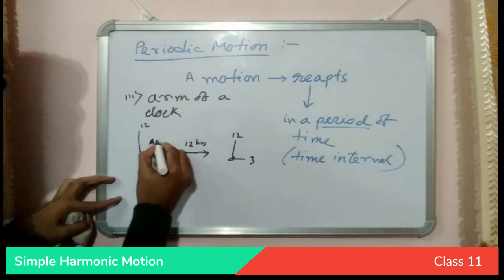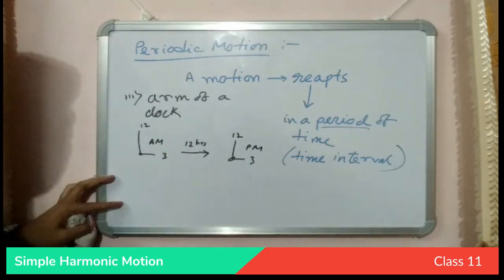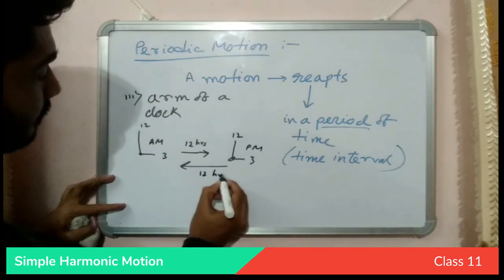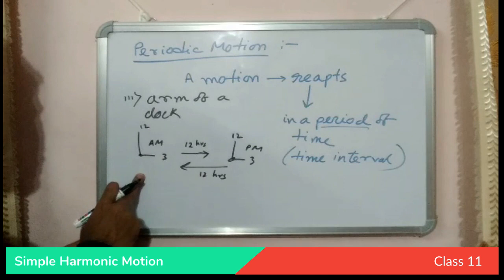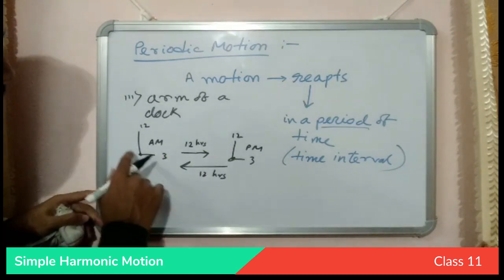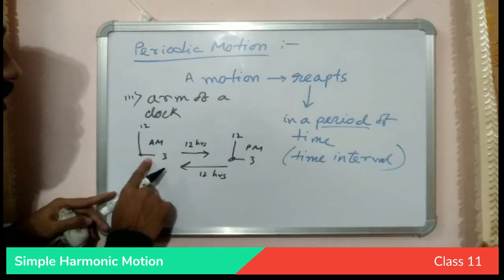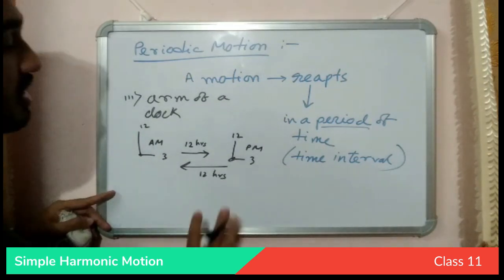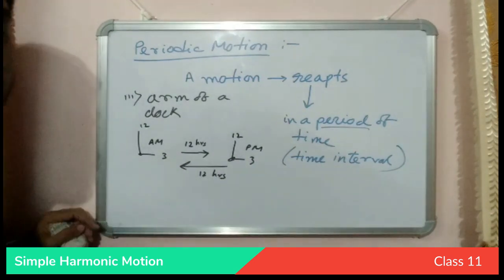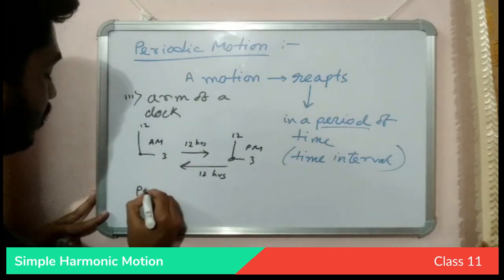This is AM, this is PM, and after 12 hours this formation will repeat. So after every 12 hours the minute arm and the hour arm create the same formation. So it's repeating after some particular interval of time. So this is a periodic motion.